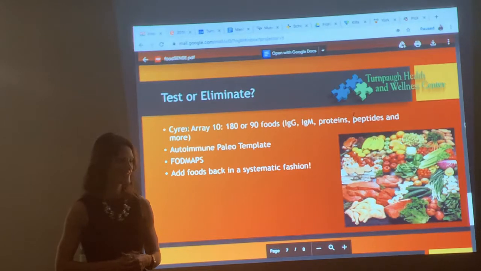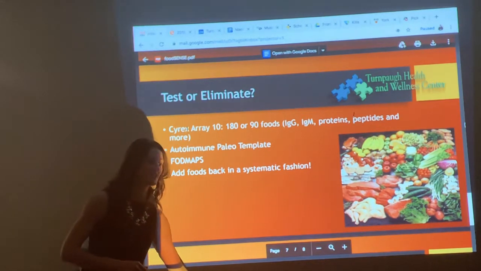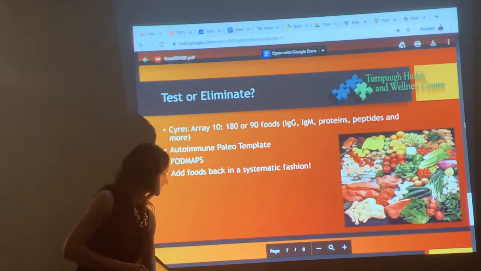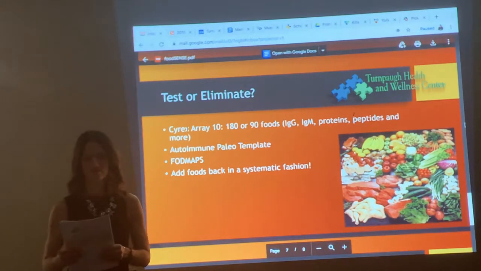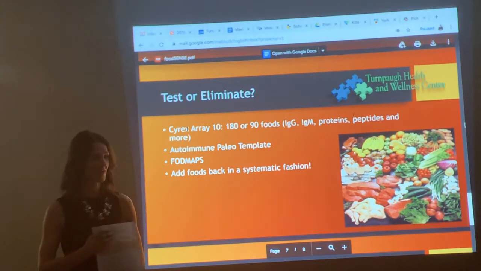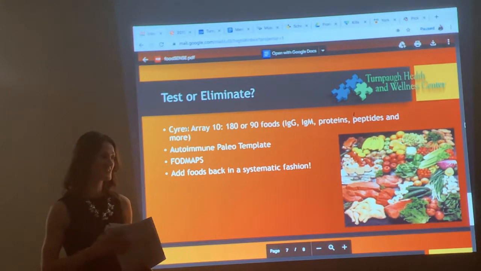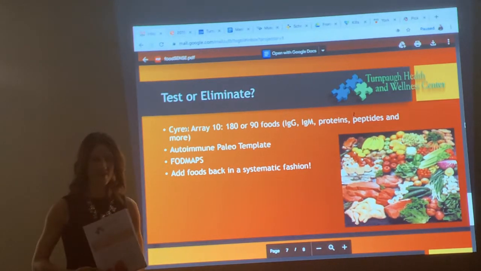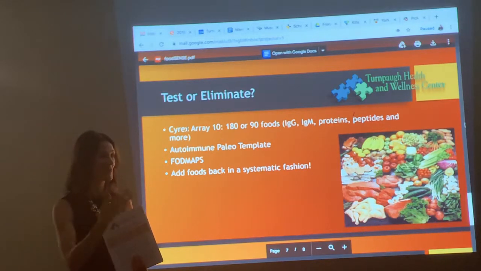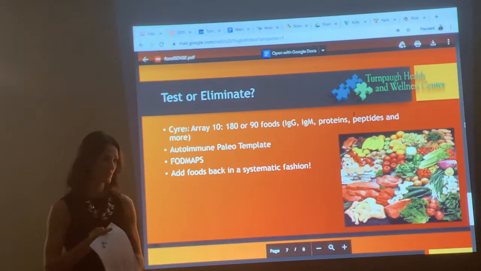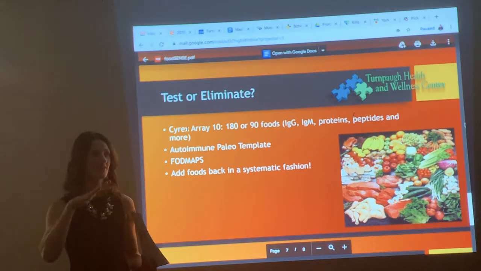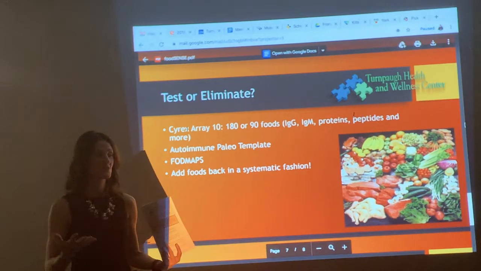Okay, so I have some resources here. It's actually a packet that I often will hand out to patients if they're going to be starting the autoimmune paleo template. It really does a nice job of explaining the why, the how, the what, and then is packed with resources, so you can leave thinking, well, what do I eat?